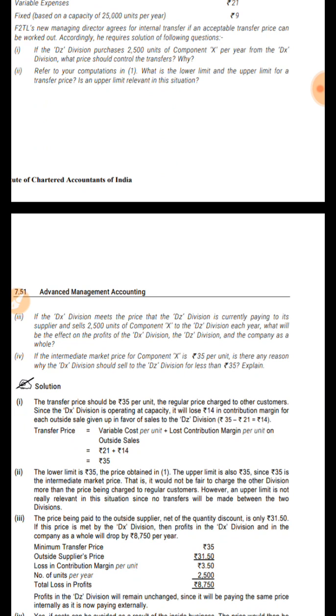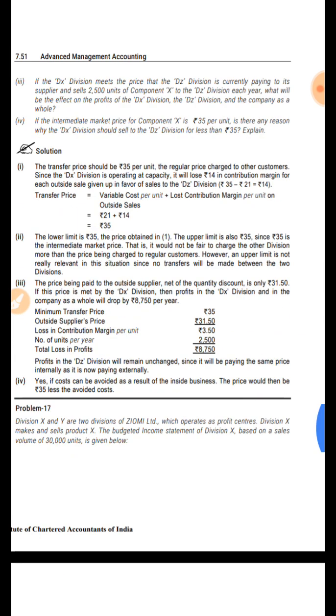Third question, if the DX division meets the price that the DZ division is currently paying to its supplier and sells 2,500 units of component X to DZ division each year, what will be the effect on the profits of the DX division and the company as a whole? The price being paid to the outside supplier net of quantity discount is only rupees 31.50.